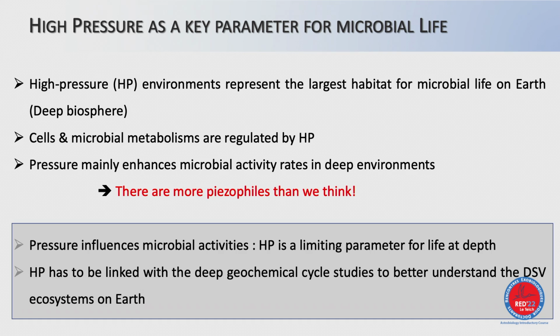They are all regulated by high pressure, and this pressure enhances the microbial activity. And we know that we have missed a lot of piezophiles so far. We need to do a lot more studies to discover those piezophiles we don't know. So pressure influences the microbial activities, and this parameter has to be linked with the deep geochemical cycle to better understand the deep sea vent ecosystems on Earth.